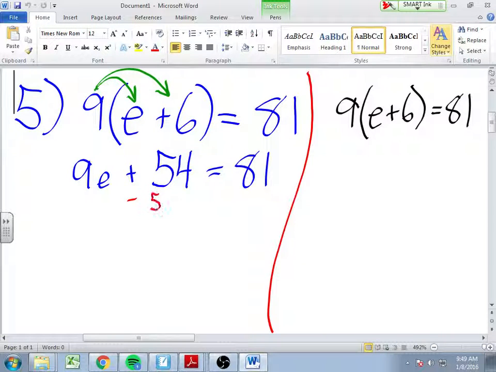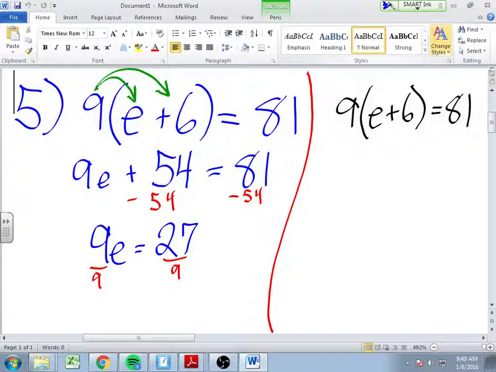I would subtract 54 from both sides. I get that 9e is equal to 27. Then, because I see multiplication between the 9 and the e, I divide by 9. And I get that e is equal to 3.